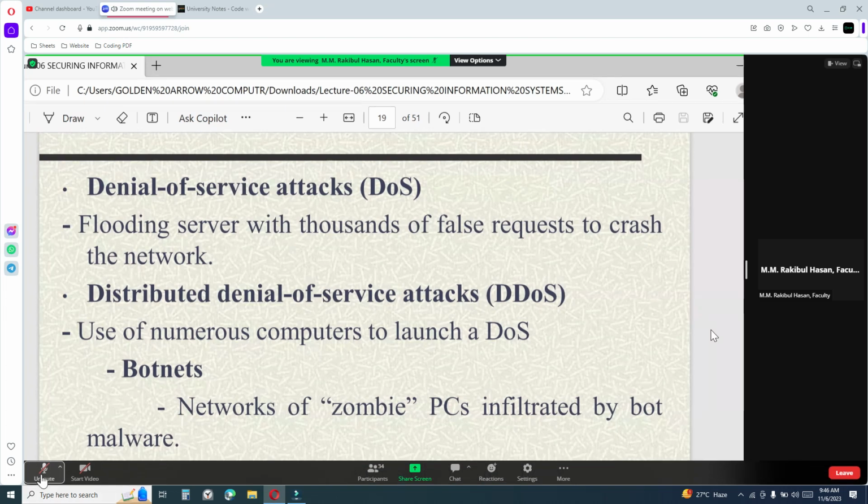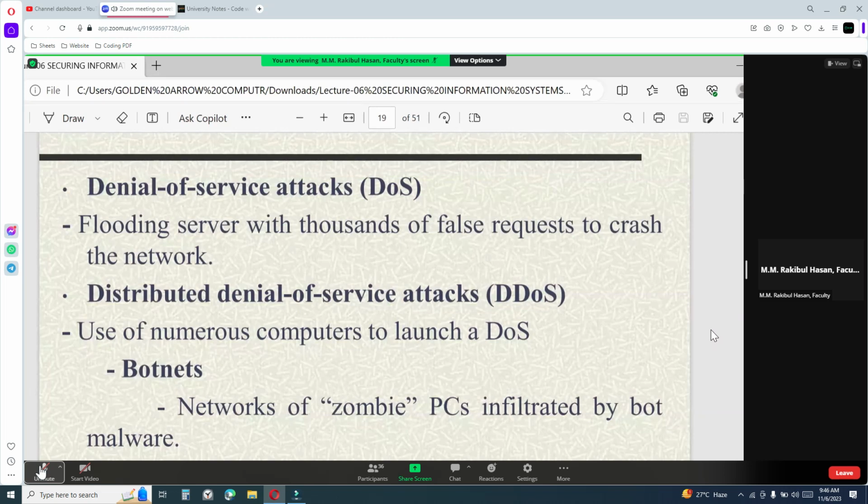Nowadays this attack is very popular. Here and there we can see different banks or other important organizations' servers come under this DDoS attack, and this attack is very severe. Unless the attacker stops the attack, it is very tough to recover, I mean, to make your server live again.